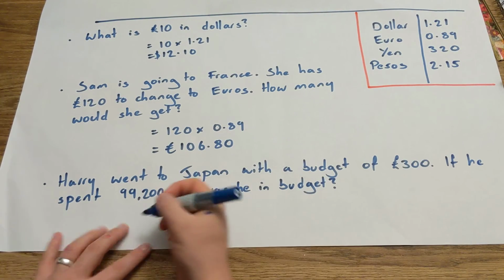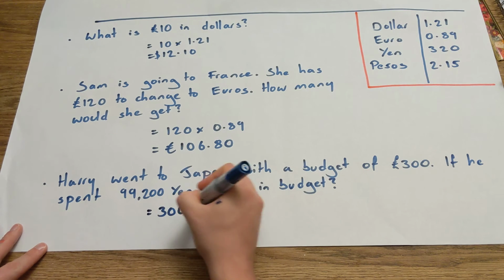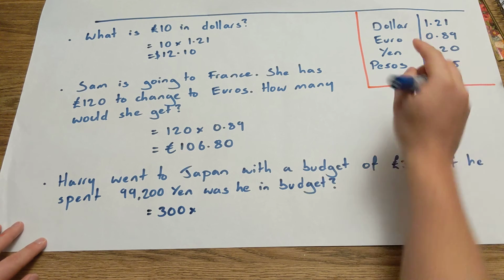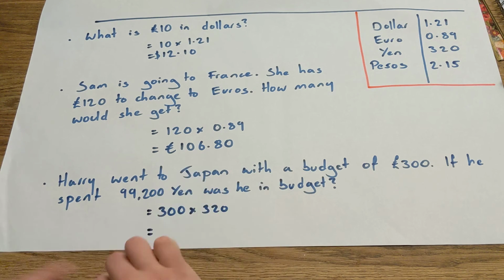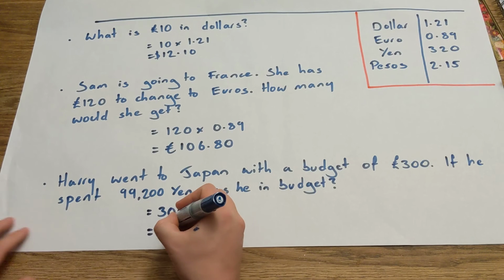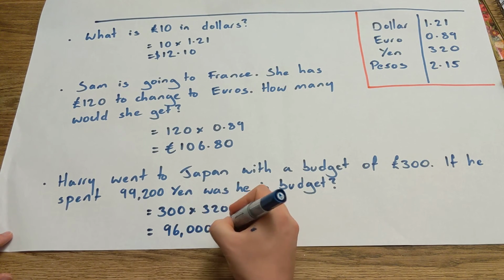We'll take his money he had in pounds, so that's 300, and we'll times that by the exchange rate. So the exchange rate this time is 320. Okay, so 300 by 320 is 96,000 yen.